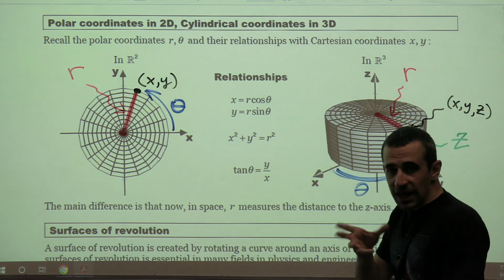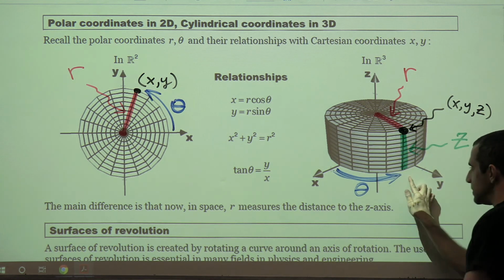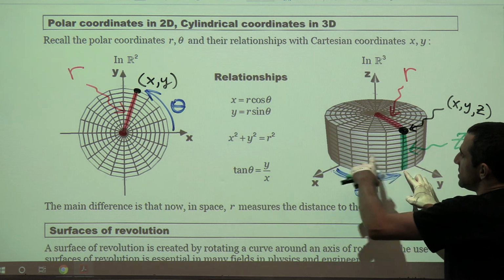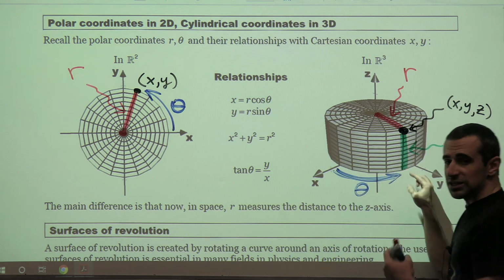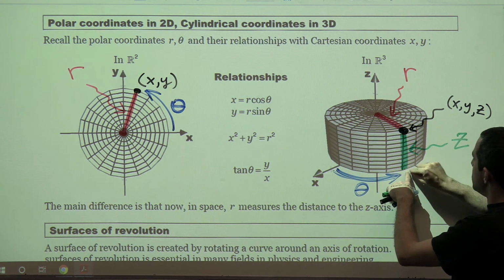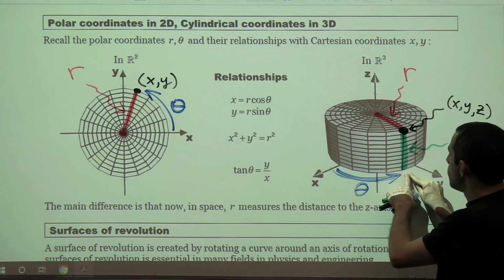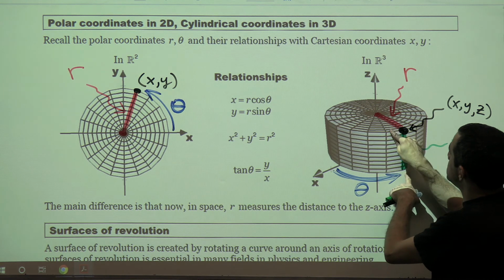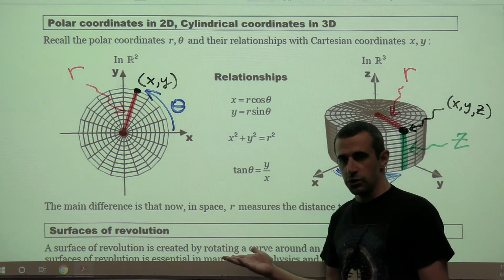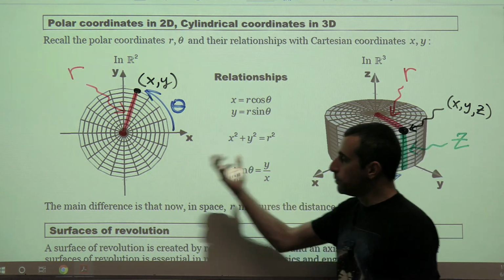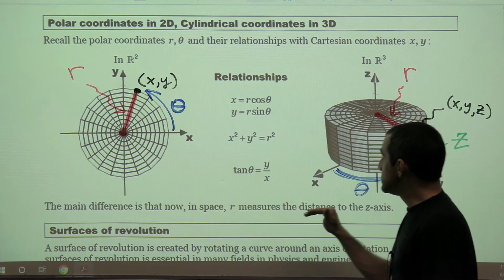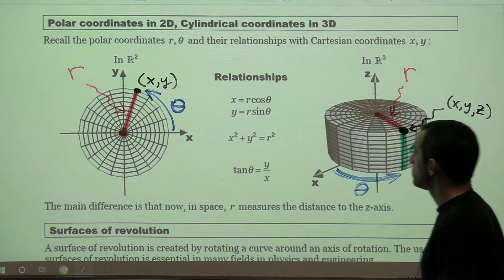Now, the exception is if your point xyz is literally in the xy plane, then the distance to the origin is the same as the distance to the z-axis. That's because you're starting with a point that's already in the xy plane. But if that point xyz is not on the xy plane, then r is distance to the z-axis, but not distance to the origin. So that's the big difference between the cylindrical coordinate system and the polar coordinate system in the plane: r is distance to the z-axis in general.